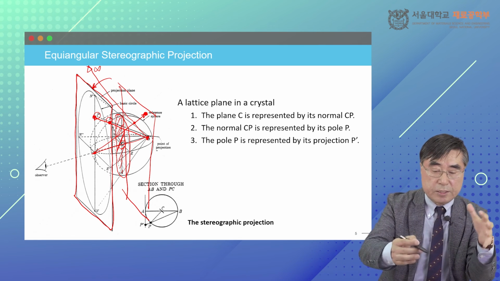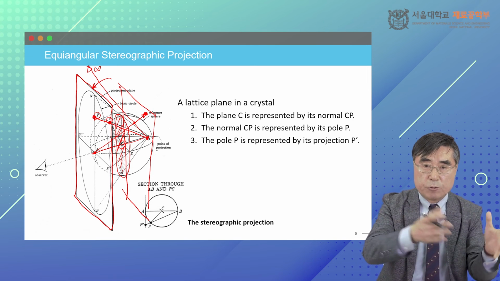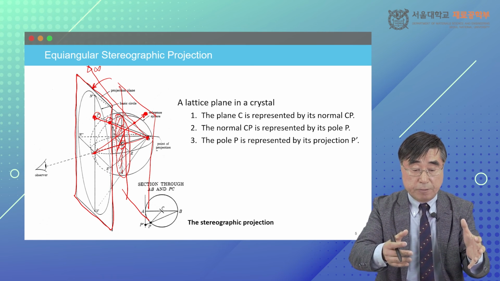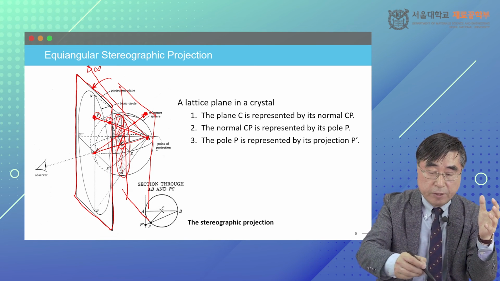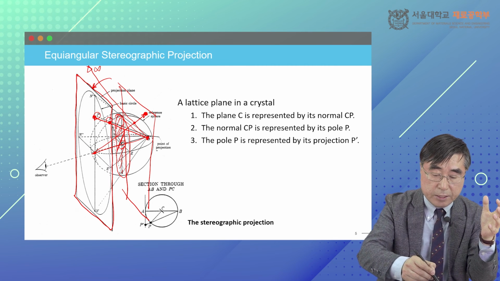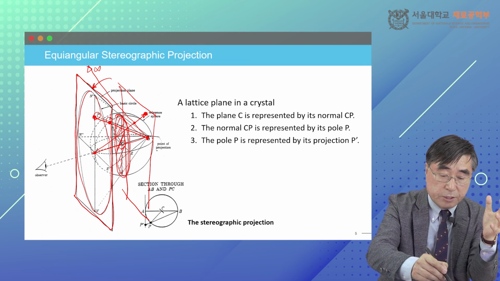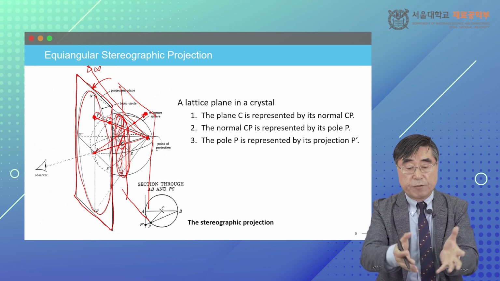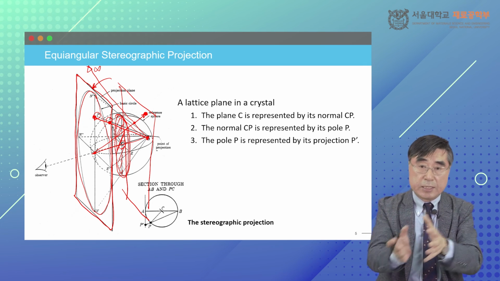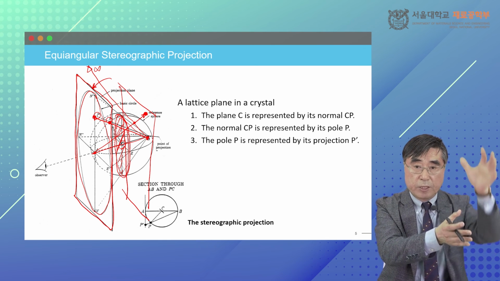So this information is what we call stereographic projection. In doing this, if you extend it, the equatorial plane can be represented as one big circle, and any information on the surface of this sphere can be represented on the surface of the plane.